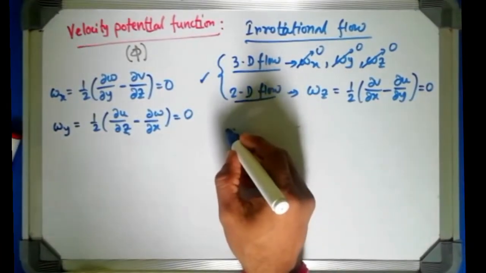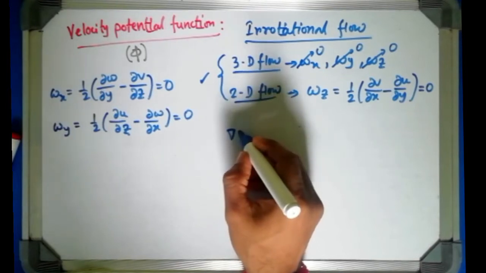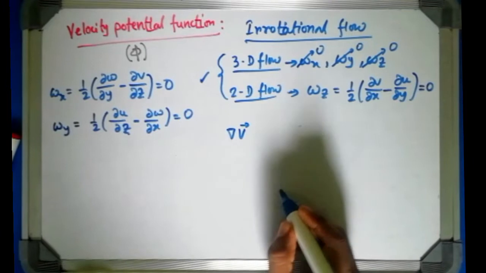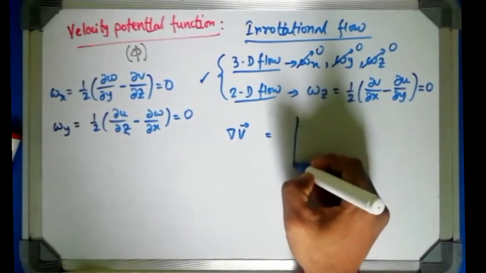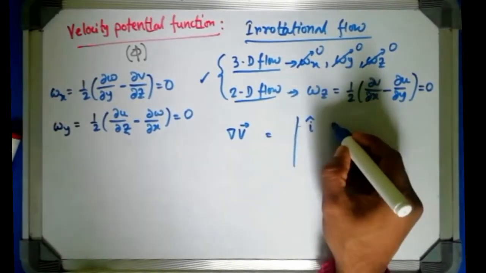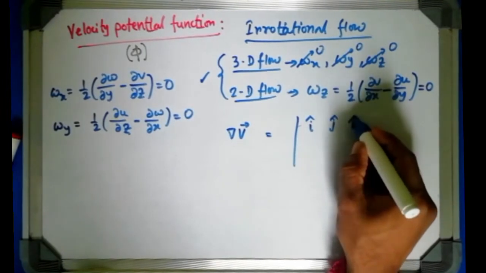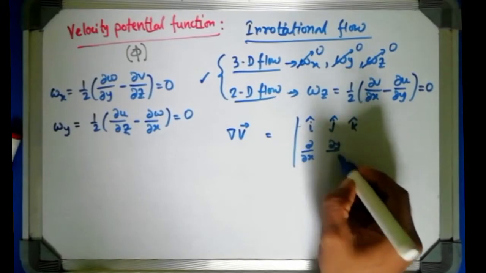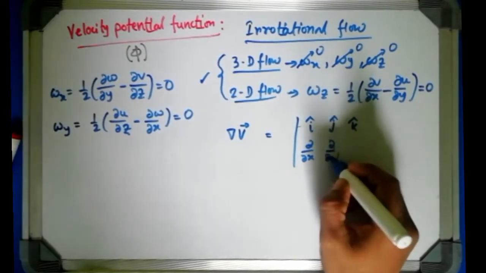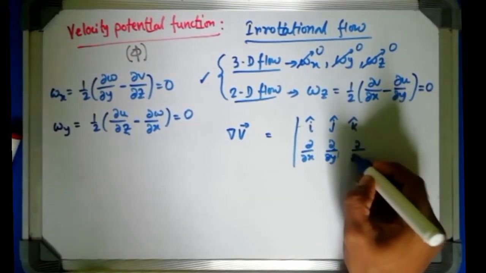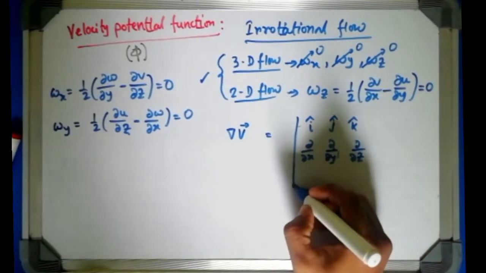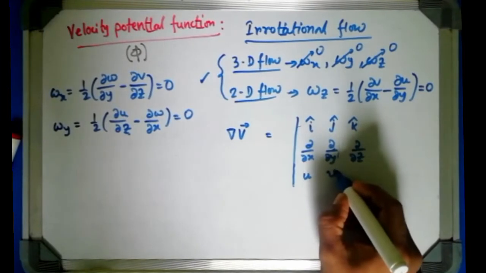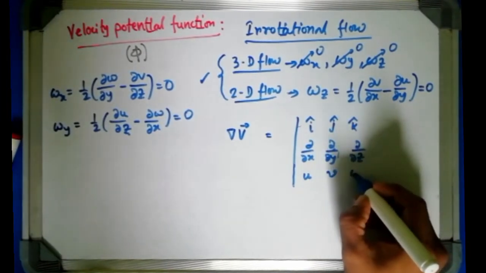Now suppose I take the curl of the velocity vector in a matrix form. I can write it like this: i, j, k in the first row, del del x, del del y and del del z in the second row, and in the third row the velocity components: u in the i direction, v in the y direction, and small w in the z direction.